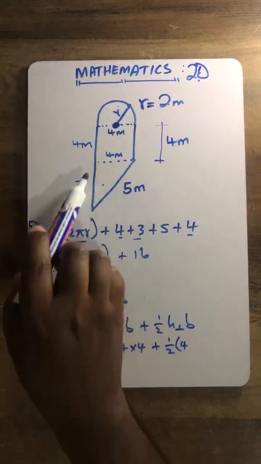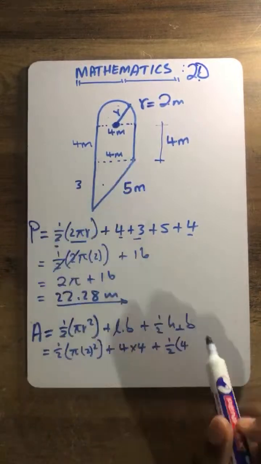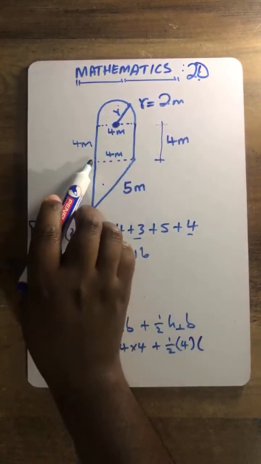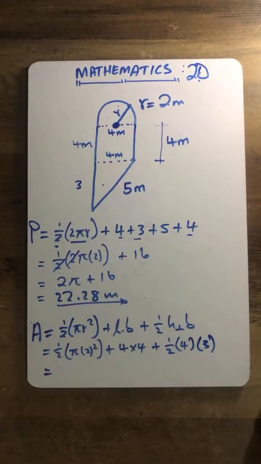Wait, perpendicular height for that one. What is it? Yes, it is 4. And then the length there is 3.